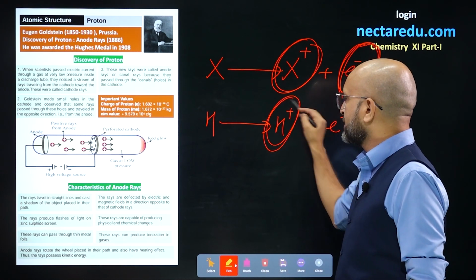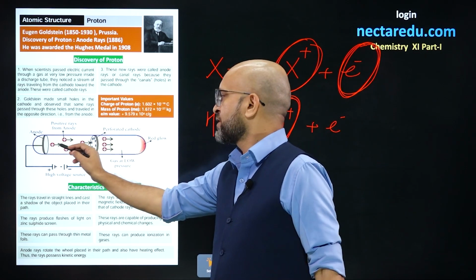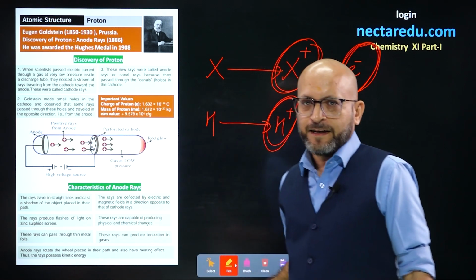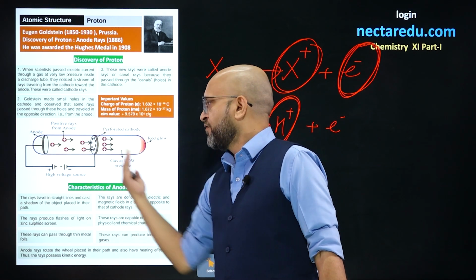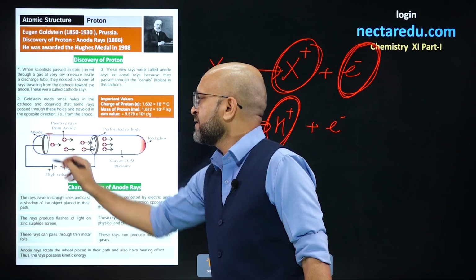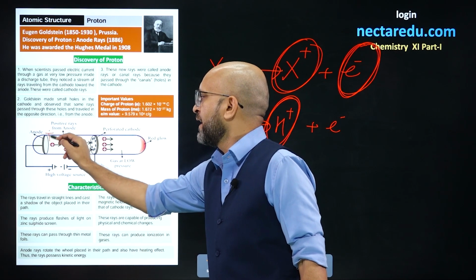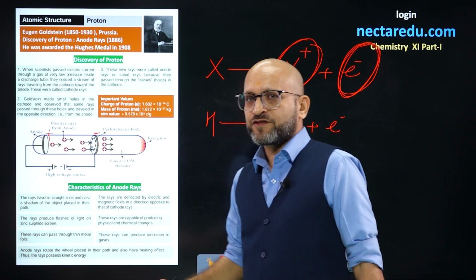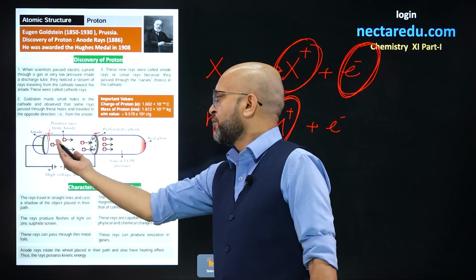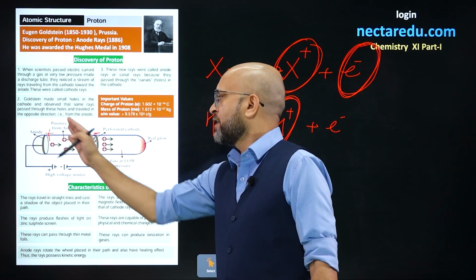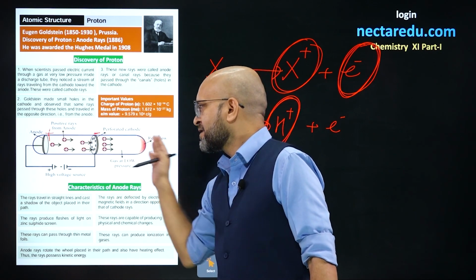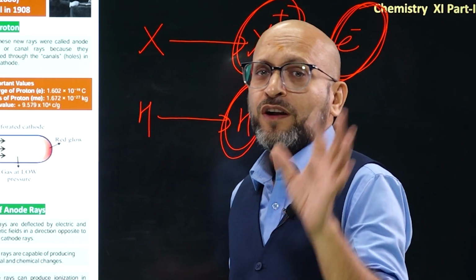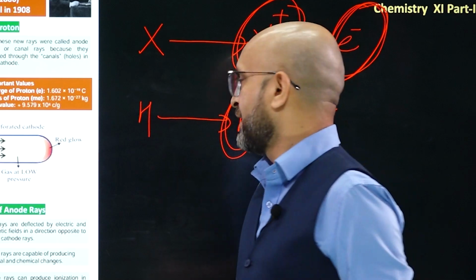These positive ions, if this positive is an H plus ion, will move. The anode plate has a positive charge, and the cathode plate has a negative charge. So positive ions will move from anode towards cathode. This beam of positive ions is known as an anode ray, and the other name is canal ray.